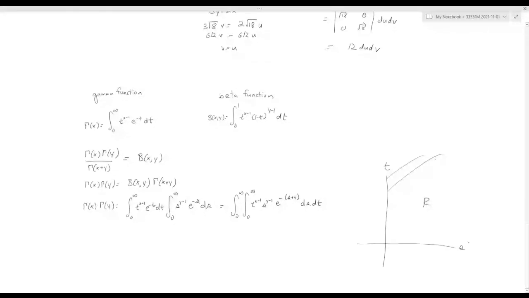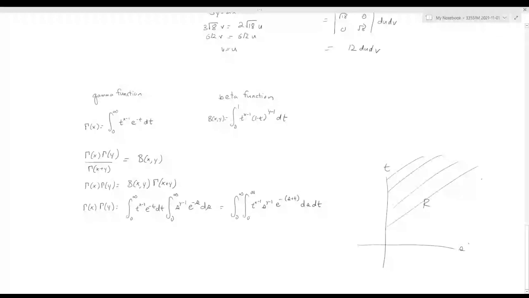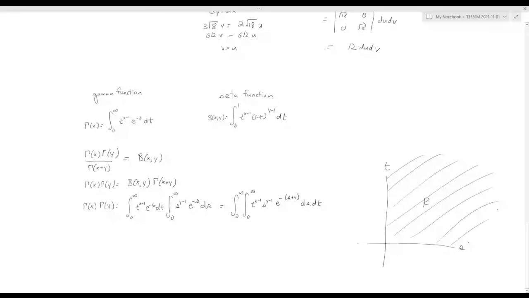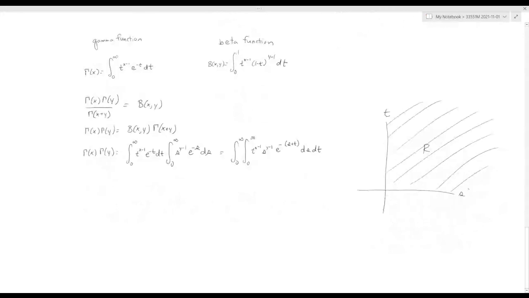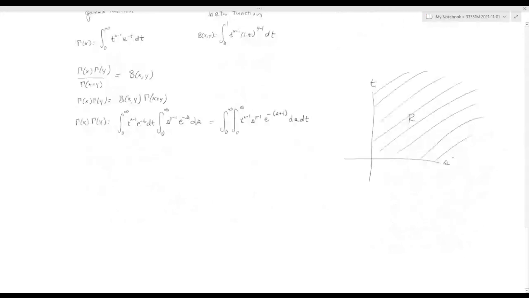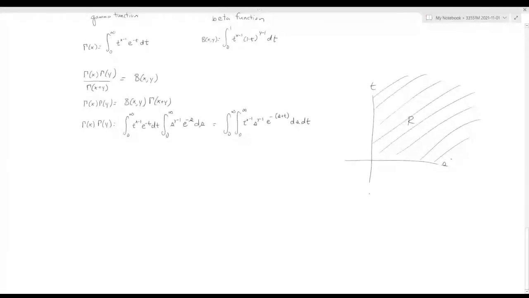S and T both go from 0 to infinity. And then proper integral. Here I'm just focusing on change of variables. So it turns out we can cover the same region in a kind of unfamiliar fashion, maybe.